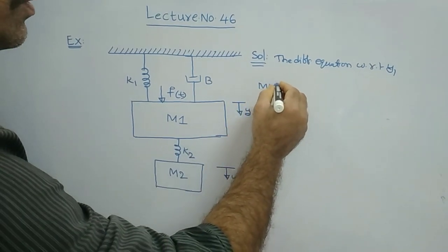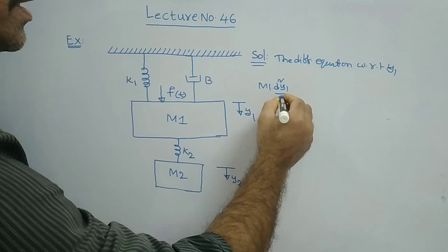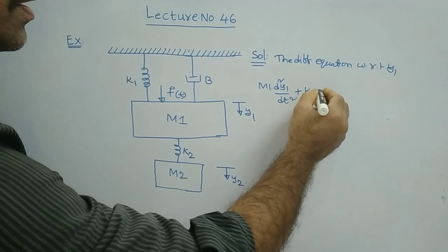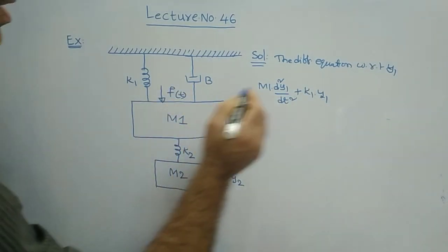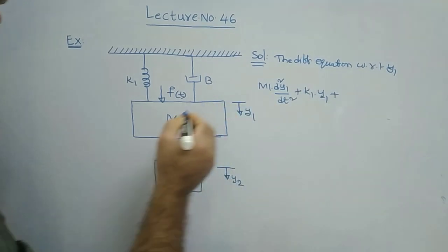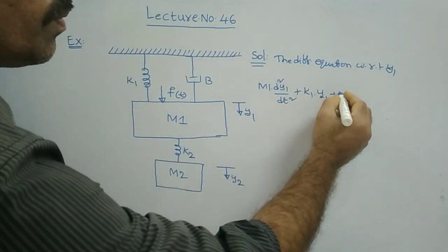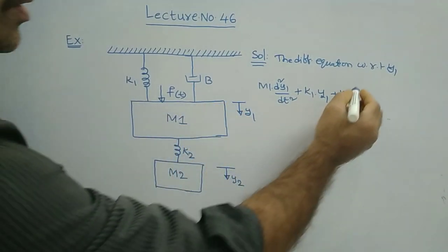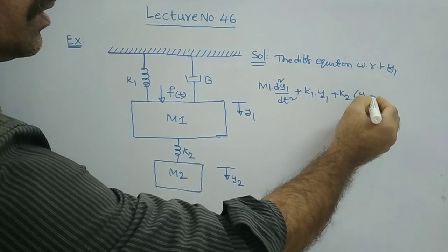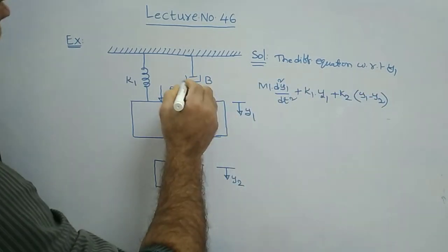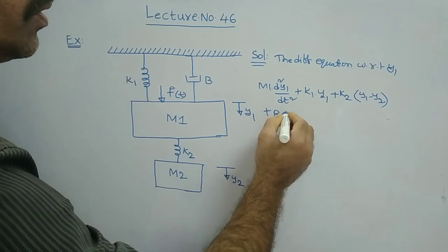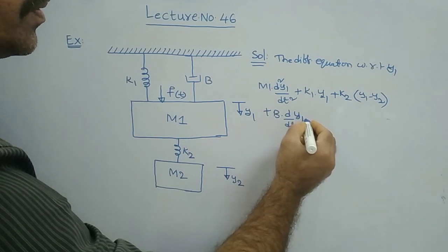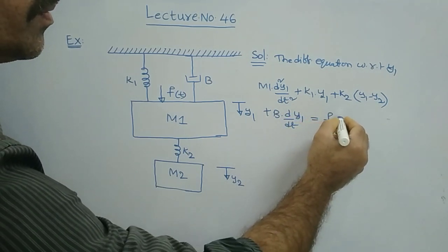It is m1 into d square y1 by dt square, plus k1 into y1, plus k2 into y1 minus y2, and then b is also there, plus b into dy1 by dt, equal to f of t.